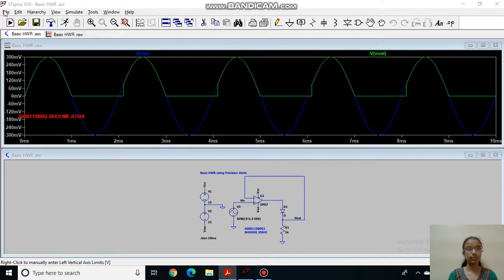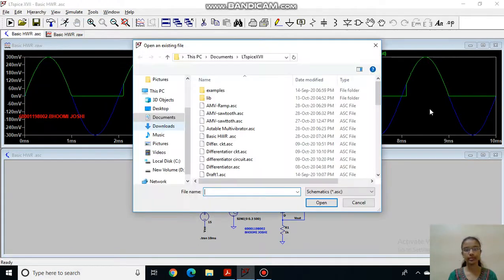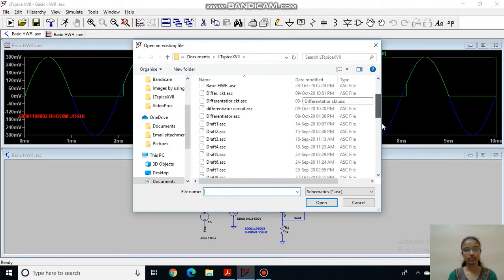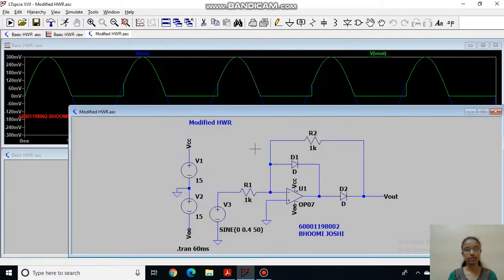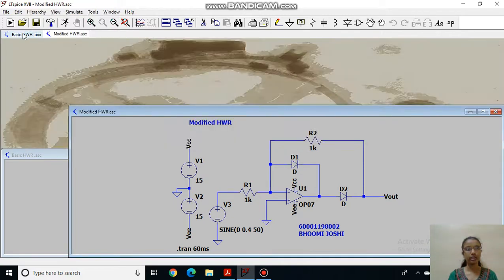So now let us see the modified half-wave rectifier in simulation. So here this is my circuit for modified half-wave rectifier.